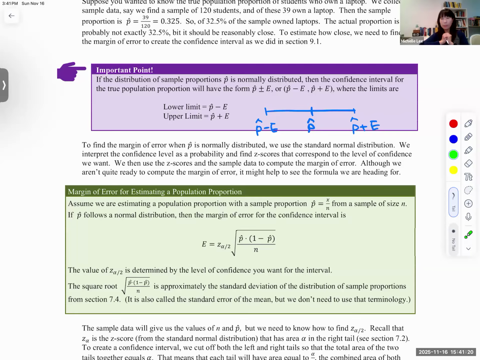We talked about that in the last section, about sample size.